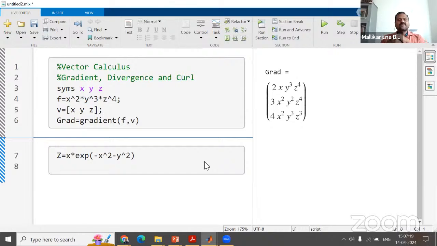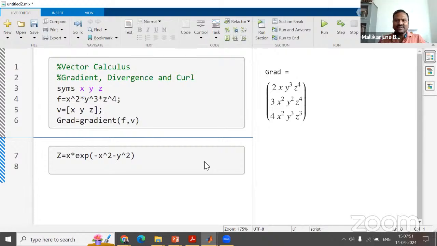For these, I would like to visualize what is the gradient. Geometrically, we know that the gradient is nothing but normal to the scalar point function, right? So that is why I will try to draw first the surface of z is equal to x e power minus x square y square.